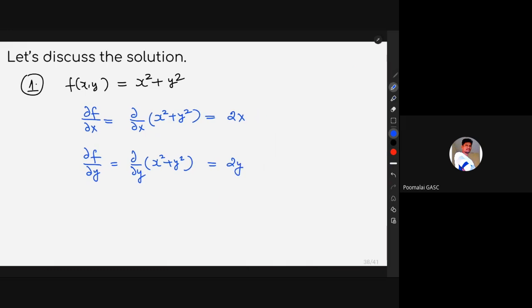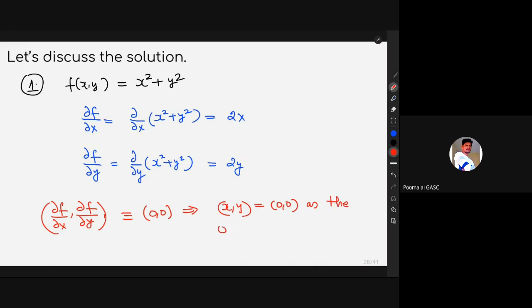And if I further equate these to the 0 vector, I get x and y to be 0 as the critical point of f(x,y).